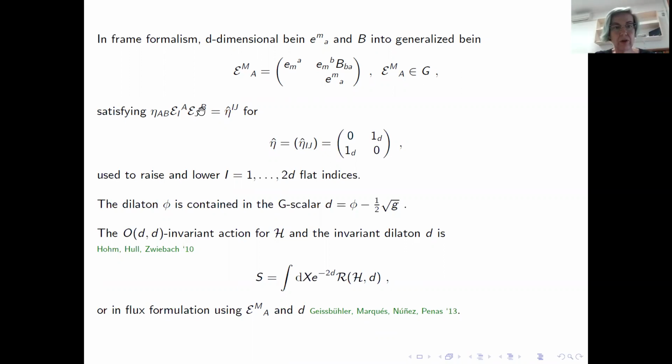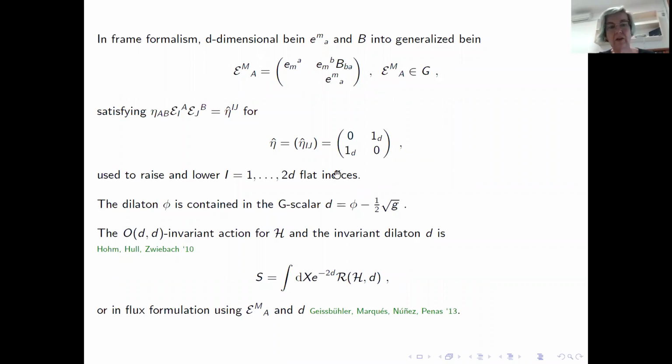The standard relation with the vielbein contracted with the O(d,d) metric gives you another O(d,d) metric, this time in the flat indices, and this is also constant, and it's used to lower and raise indices in a bundle, so on the flat indices.